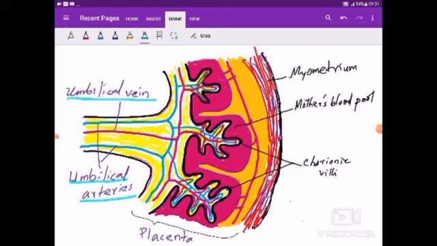These two umbilical arteries actually arise from the fetus. They are arising from the heart. Therefore, they are called the arteries, umbilical arteries, and reach the placenta. Human placenta is called hemochorial placenta.